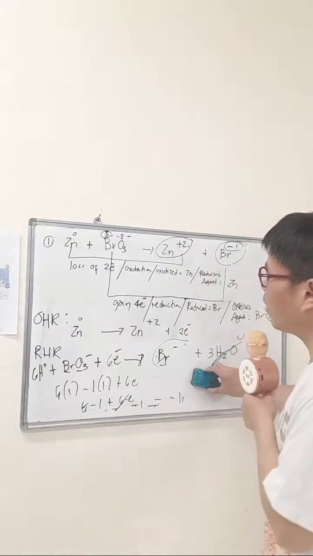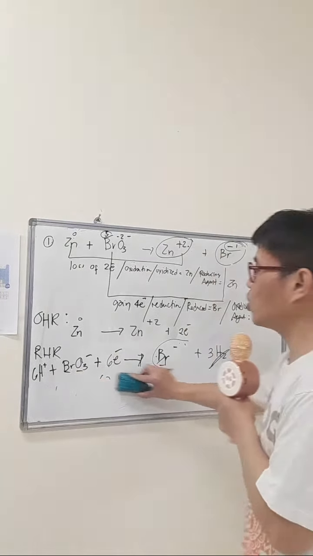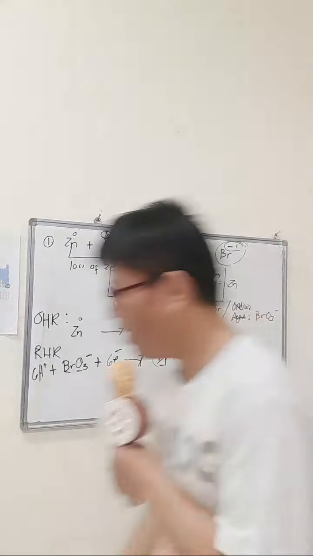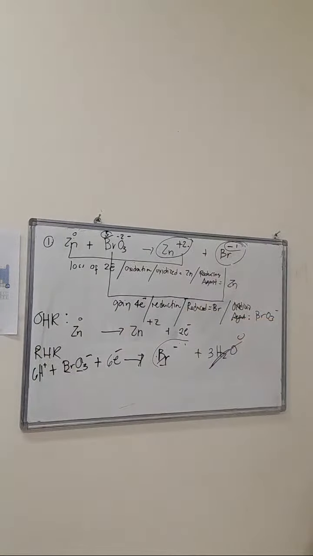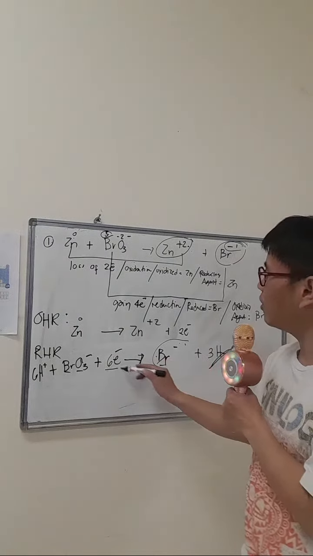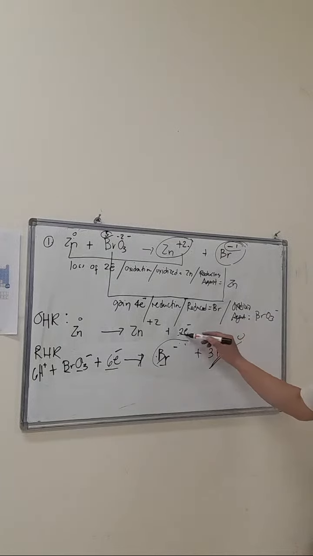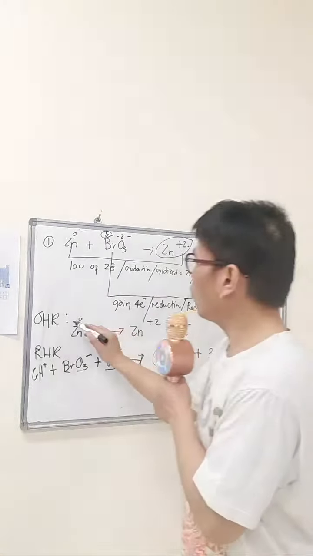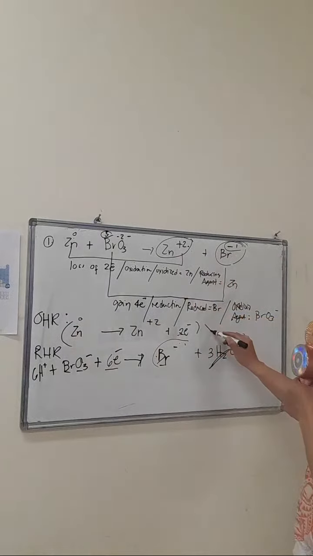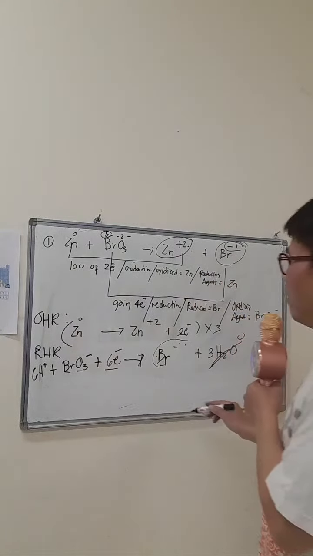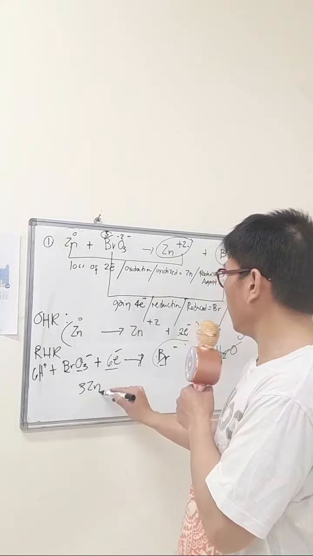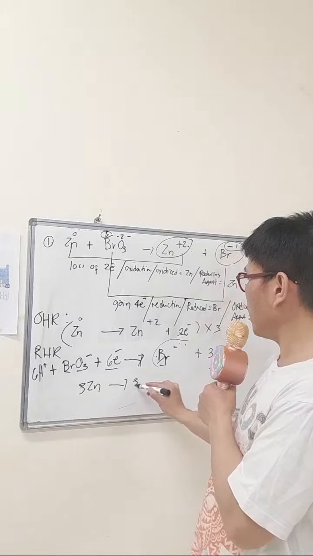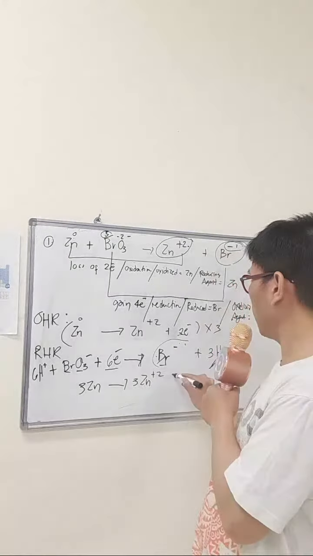Let's proceed now to the final redox in basic solution. Now, take note of the number of electrons. Is this equal or not? Not yet. Because you have 6 electrons in your reduction half reaction and you have 2 electrons in your oxidation half reaction. So you need to multiply 3 with your oxidation half reaction to balance the 6 electrons in the reduction half reaction. So multiply all by 3. So it's going to be 3 zinc, and then 3 zinc positive 2 plus 6 electrons.